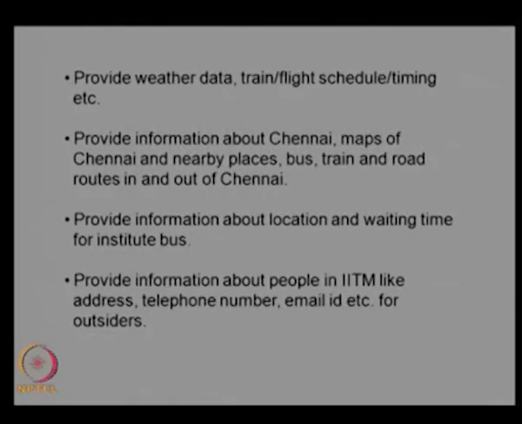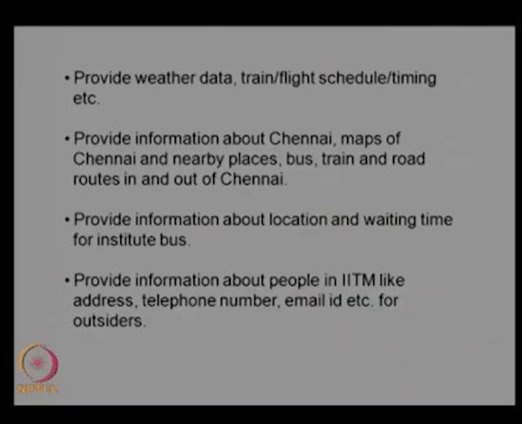And apart from this, we can actually provide the weather data, train, flight schedule timings. Again, coming under the utility services, you can provide the weather data as well as train, flight schedule timings. Then providing information about the city, maps of Chennai and nearby places, bus, train and road routes in and out of Chennai. Then provide information about location and waiting time for institute bus. So we have an institute bus service.